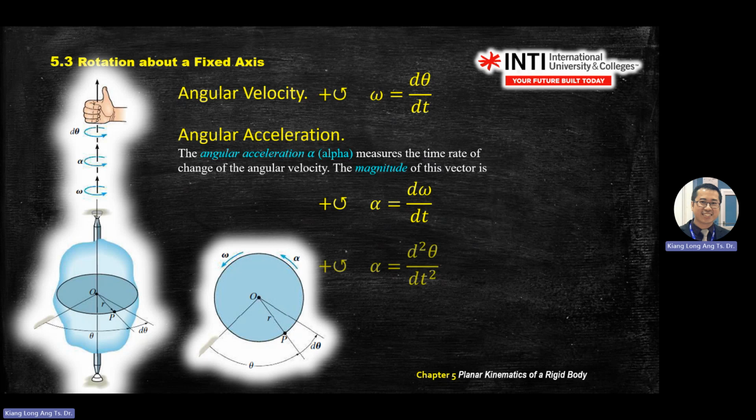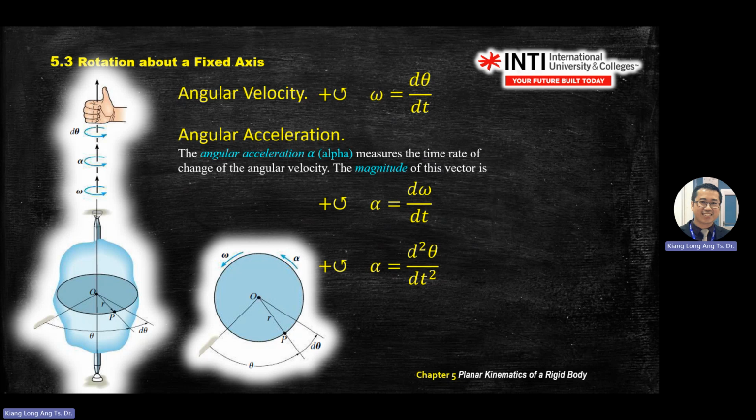Of course, you can still apply what you learned in chapter 1: acceleration can also be written in displacement form, where you double differentiate displacement, d squared theta over dt squared, also alpha.